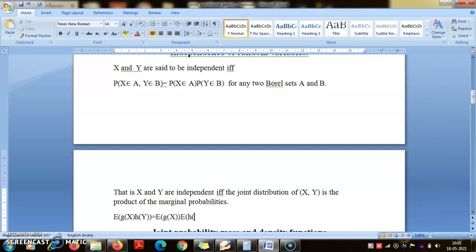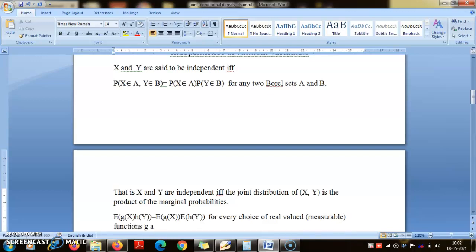These are all equivalent conditions for every choice of measurable real valued functions g and h. I will write one word here, 'measurable', which is a bit technical that you need not worry about at this stage.